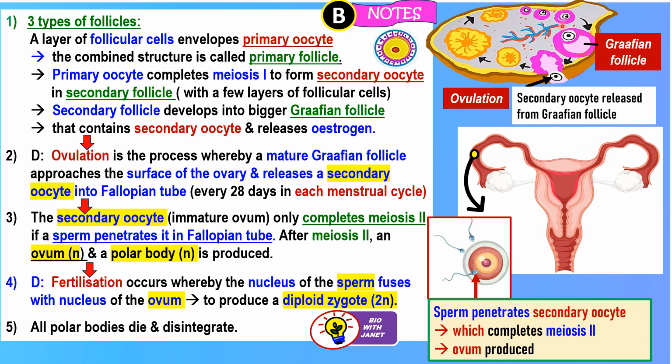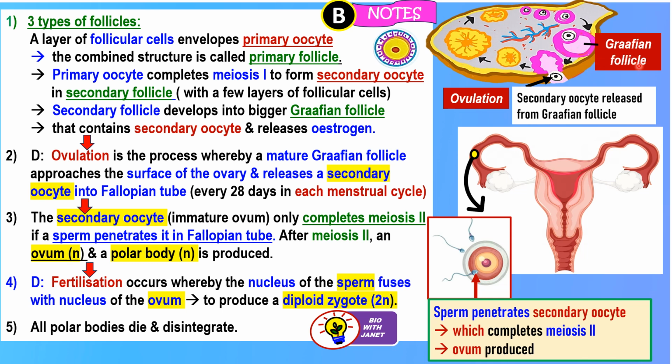And this secondary oocyte is contained in a bigger follicle called the secondary follicle, which has more layers of follicular cells. Next, the secondary follicle develops further by growing bigger, and the follicle will be called the Graafian follicle. This Graafian follicle contains the secondary oocyte, and it also functions to release the hormone estrogen.